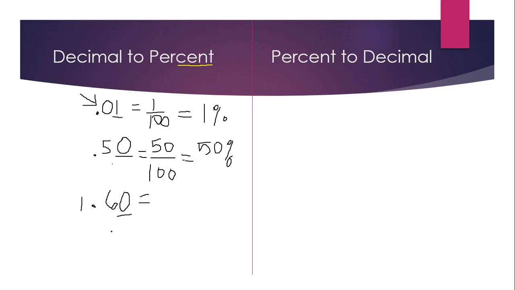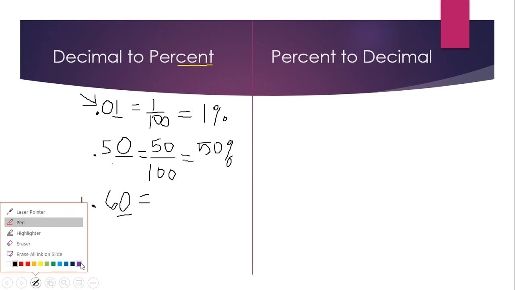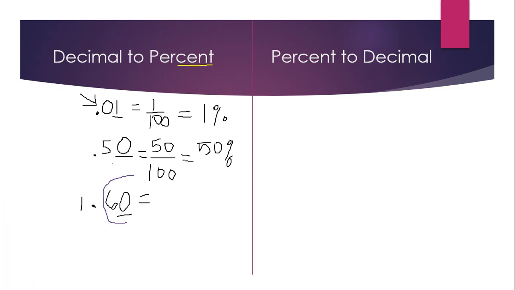So I know that this part on the right is 60% because it's 60 hundredths. But what about the whole number? Well, if I think about money, this whole number right here is basically a dollar. How many cents are in a dollar? Oh, 100 cents. 100 out of 100.